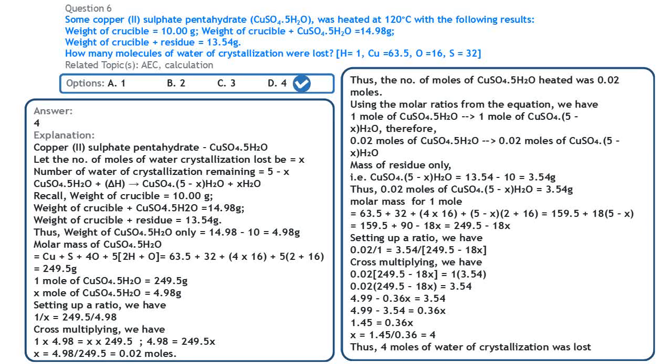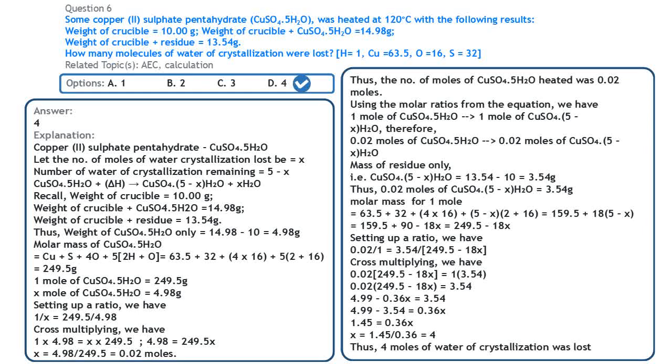And the molar mass of water is 2 times 1 of hydrogen plus 16 of oxygen, so you have 18 right here. If you evaluate the first part, you will get 159.5, then plus this 18 times this 5 minus X.